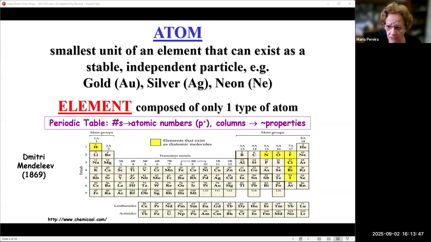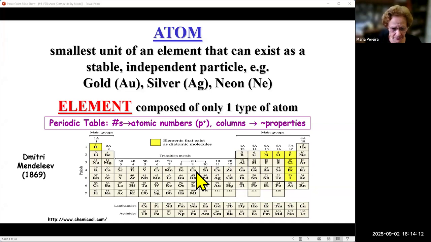So that's what the numbers here mean. Horizontally, or in rows, the elements are arranged by atomic number. So you see 1, 2, and then you go 3, 4, 5, 6, 7, 8, 9.